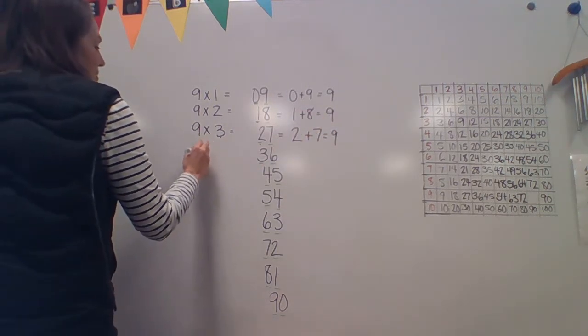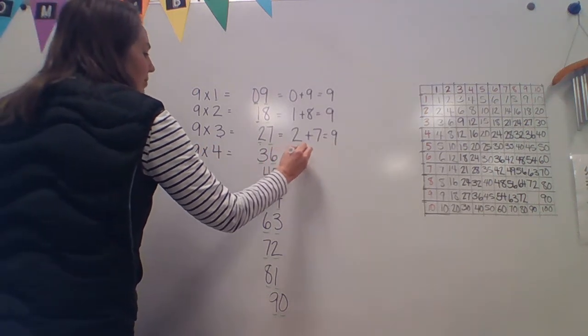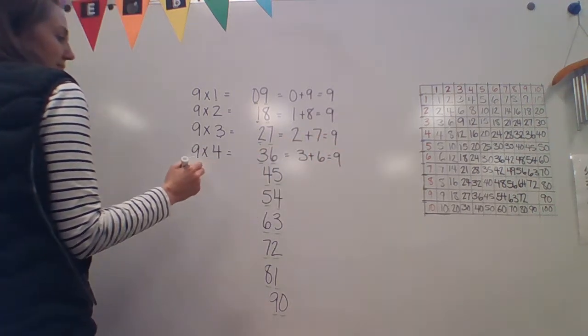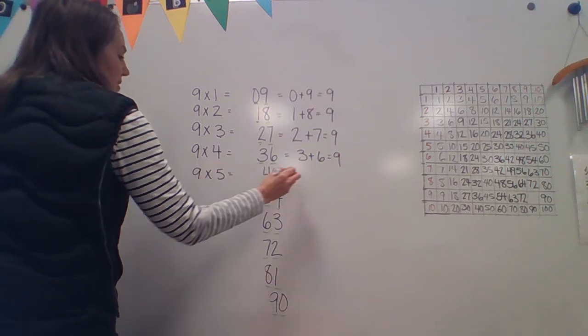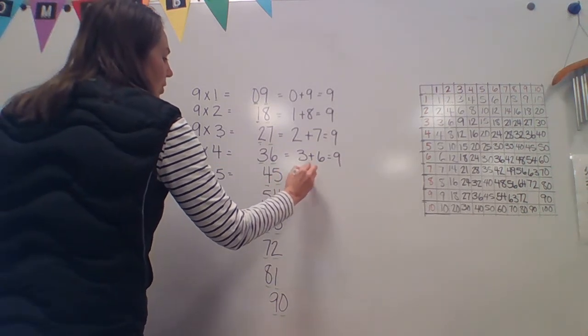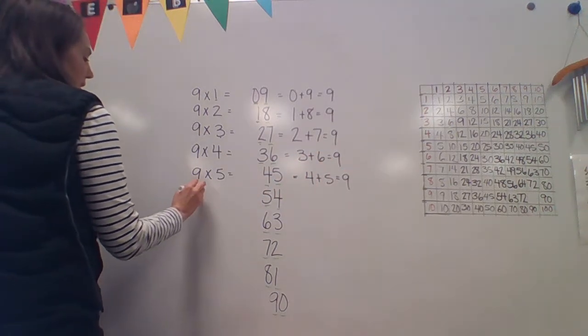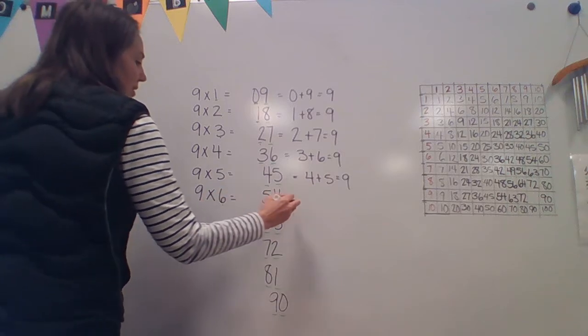Right, 9 times 4, tens place is 1 less than 4. I'm going to have 3 plus 6 equals 9. 9 times 5, tens place is 1 less. 4 plus 5 equals 9. 9 times 6, tens place is 1 less than my factor that I'm multiplying by.